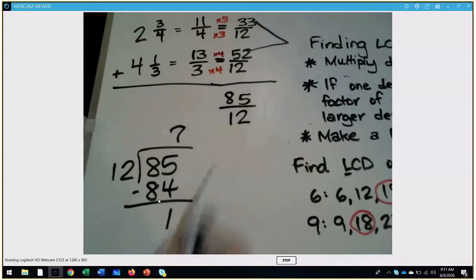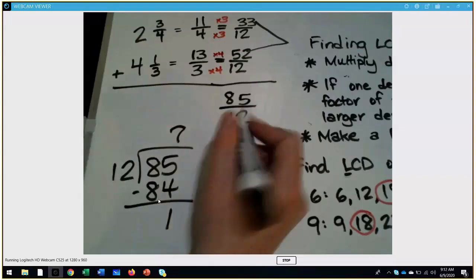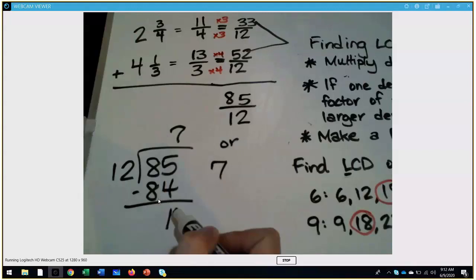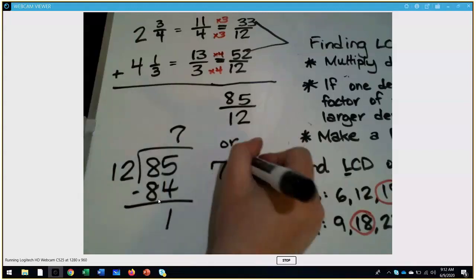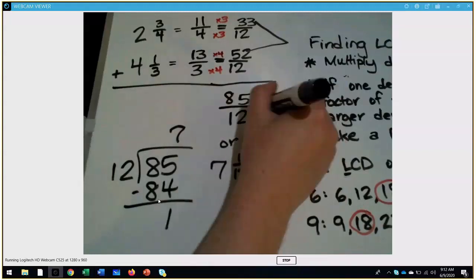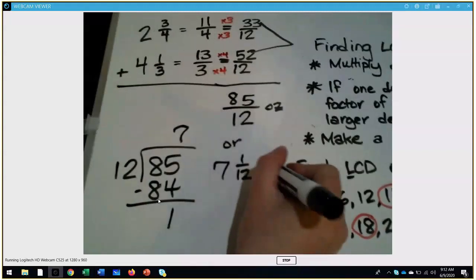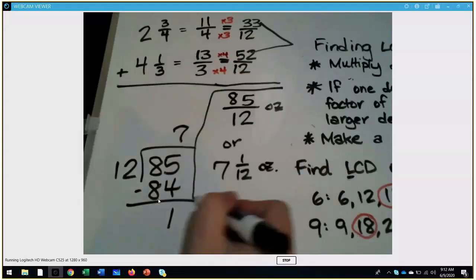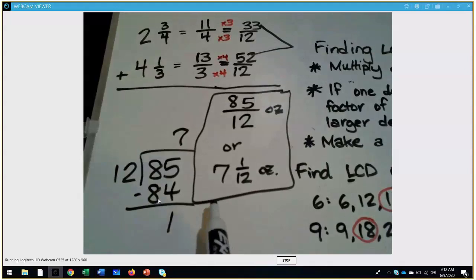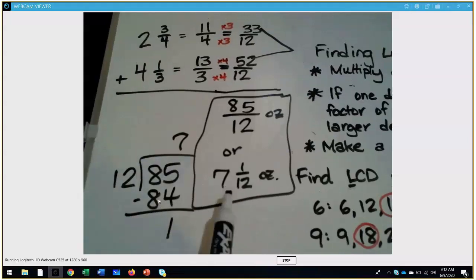Okay, so it's either this answer or it would be 7 and 1/12 ounces. Chances are you're going to measure it out the second way. So when you're talking about word problems, it's important that you're able to do both of these processes, because depending on what you're doing, one of them makes more sense in real life than the other.